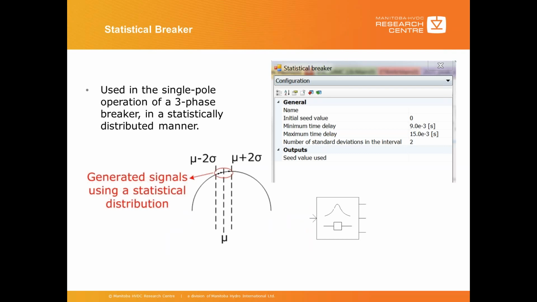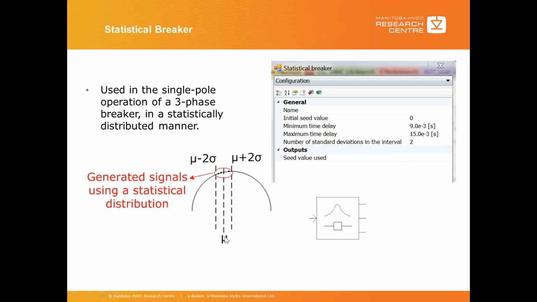As mentioned earlier, the breaker closing sequence is then determined by a randomly generated pole closing time using the statistical breaker model available in PSCAD. The statistical parameters used to represent the pole pre-strike phenomena can be set up accordingly within the configuration file.